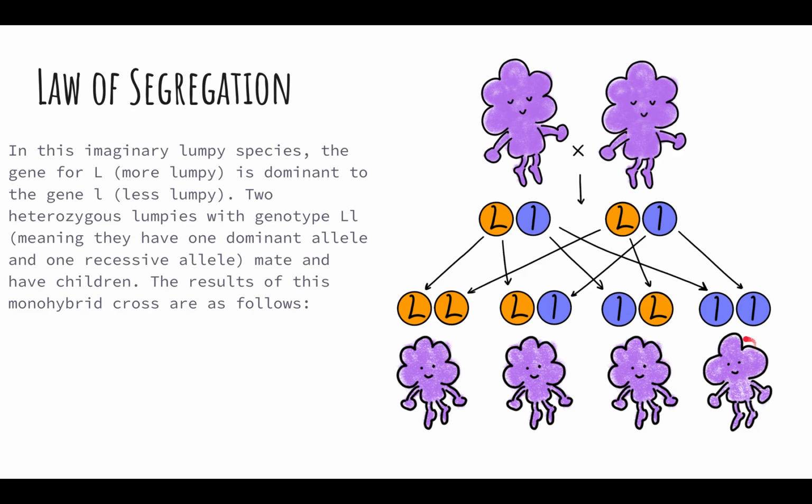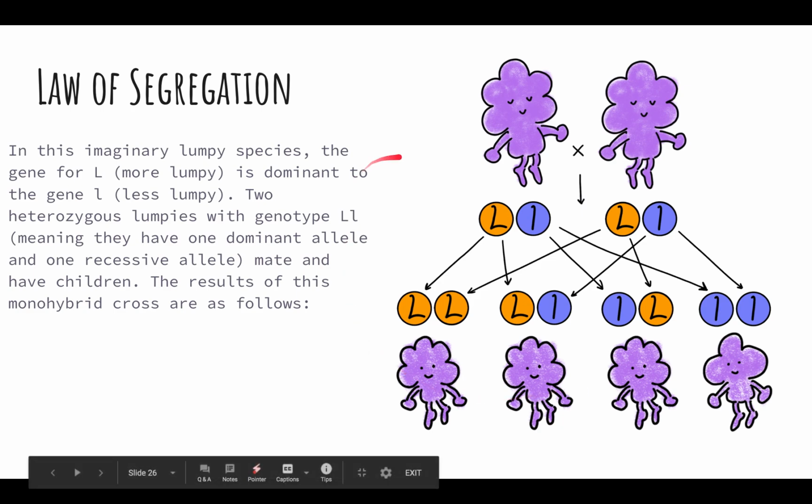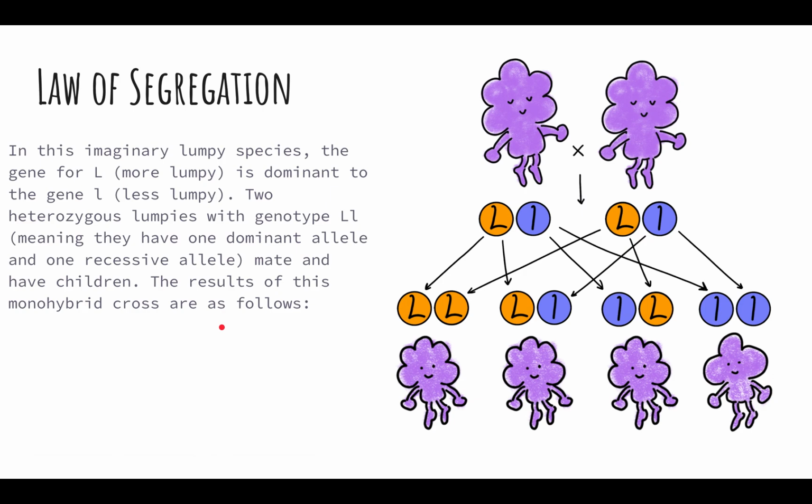So you would see that this little guy is less lumpy than his brothers or sisters, even though both parents were very lumpy. So this is an example of that second experiment that Mendel did, where he crossbred two yellow peas and found out that 25% of the offspring were green.